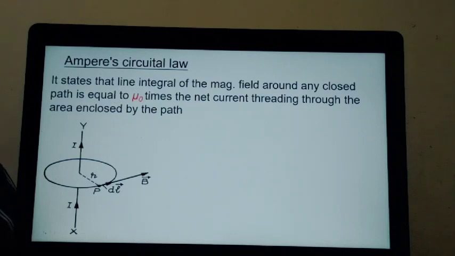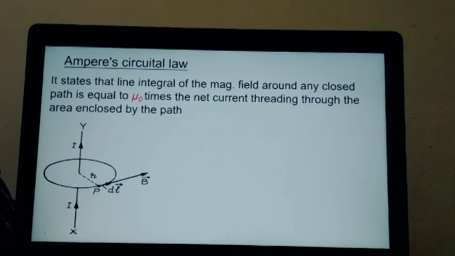On that we can consider a small length dl, about which we have a magnetic field B. We have already calculated the magnetic field due to a current carrying straight conductor of infinite length, and using that we can prove Ampere's circuital law.